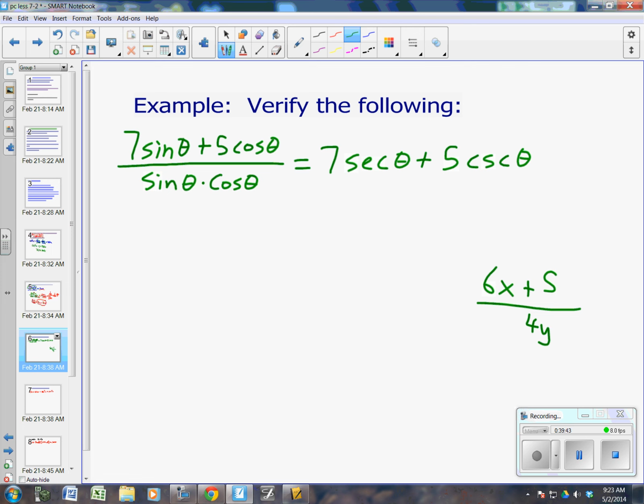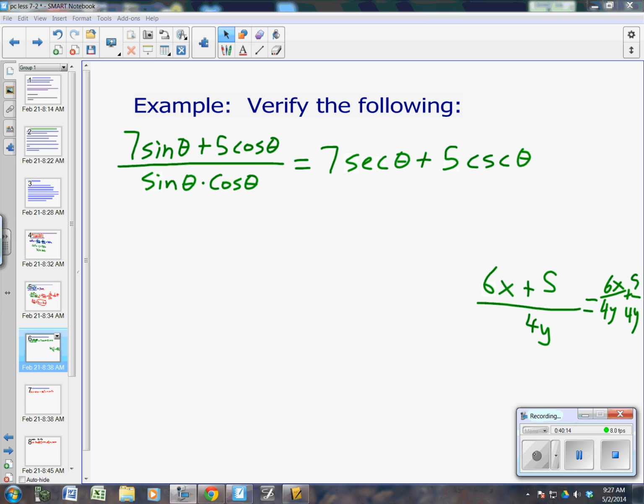Since everything down here is being multiplied, and you have two things up here being added, you can separate those into 6x over 4y plus 5 over 4y, couldn't you? You can do the same thing on the left side here, because everything on the bottom is being multiplied. You can separate those, and that's the trick. If you know that trick, this one's a pretty easy problem, actually. This one was easier than it looked.